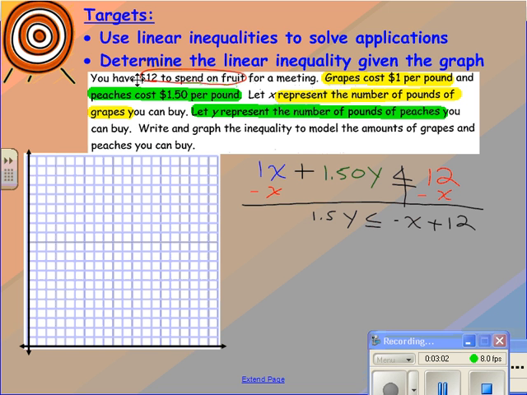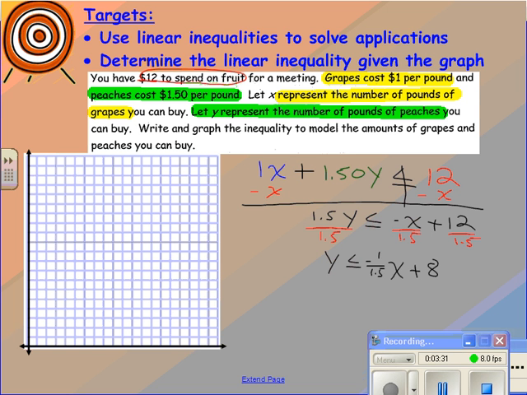So I'm going to divide everything by 1.5. And if I simplify that, that will now give me Y is less than or equal to, and this is an ugly slope of negative 1 over 1.5, and my X here. And then 12 divided by 1.5 is going to give me 8.